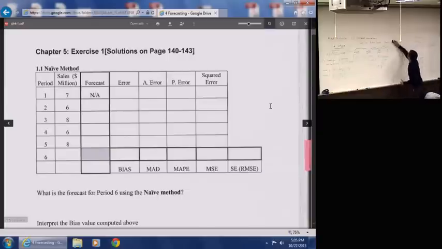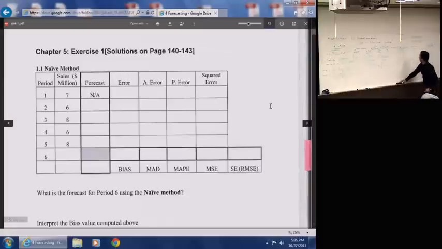The formula for R-squared is equal to 1 minus the sum of squared errors divided by the sum of squared total.